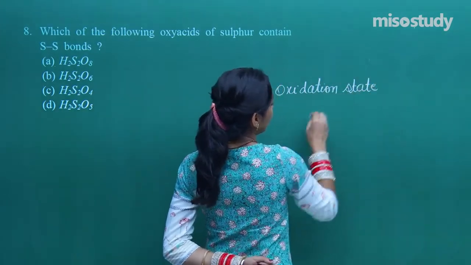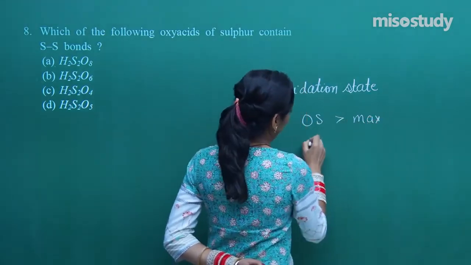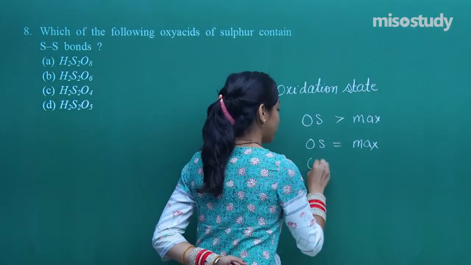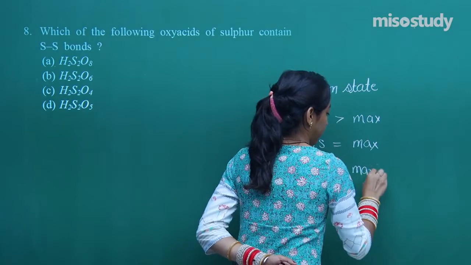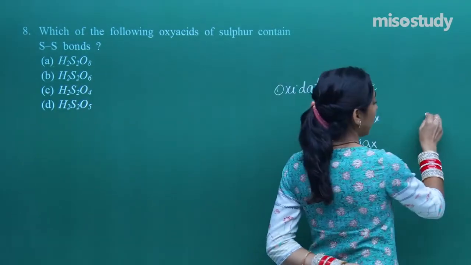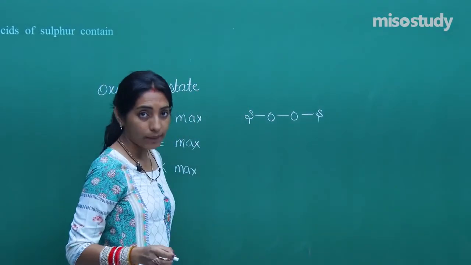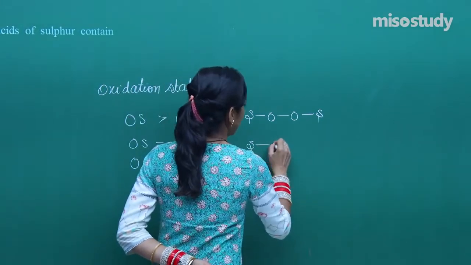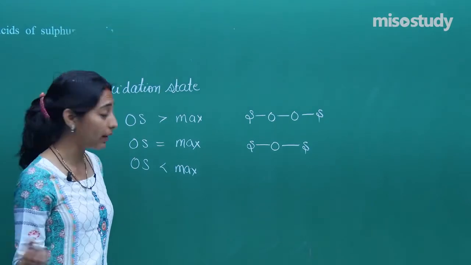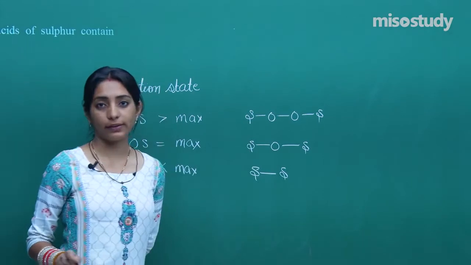The oxidation state can come out greater than max, equal to max, or less than max. When the oxidation state is greater than the maximum, a peroxy linkage will be there. When it is equal to max, a simple S-O-S linkage will be there. And when the oxidation state is less than max, then an S-S bond will be there.